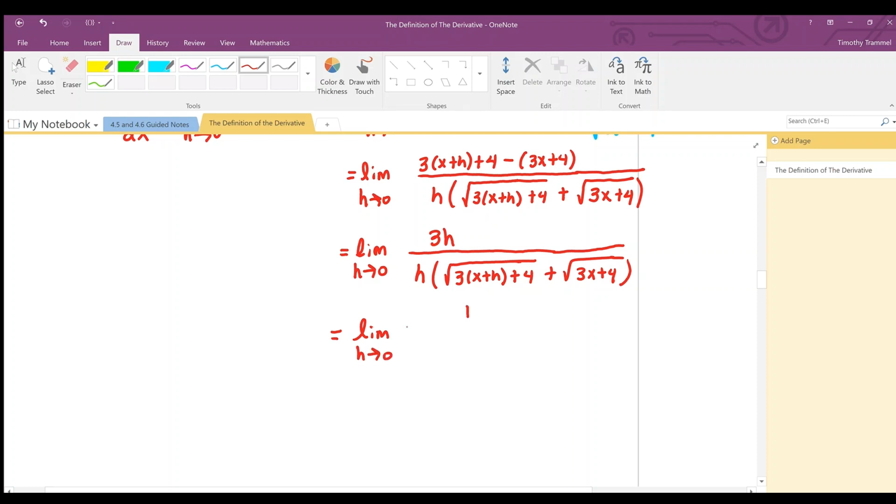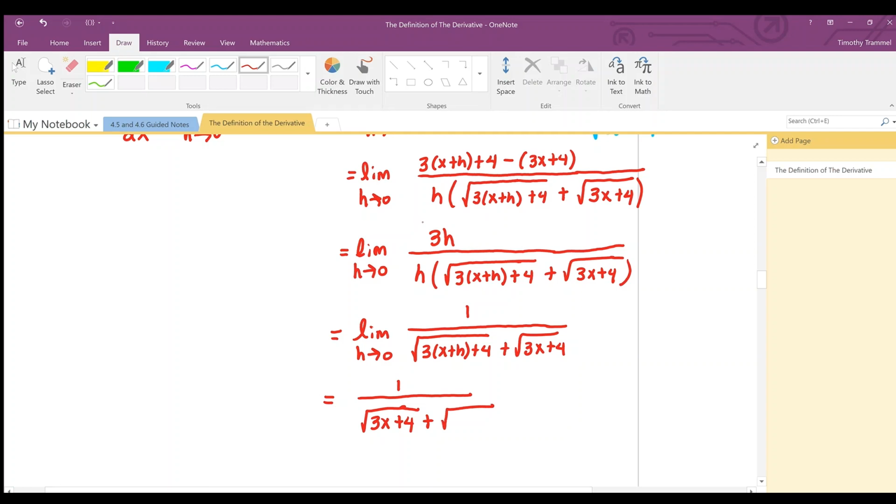So we get the limit as h approaches 0 of just 1 over the square root of 3 times x plus h plus 4 plus the square root of 3x plus 4. And finally, we can do direct substitution now. So if you let h go to 0, this just becomes 1 over the square root of 3x plus 4 plus the square root of 3x plus 4.